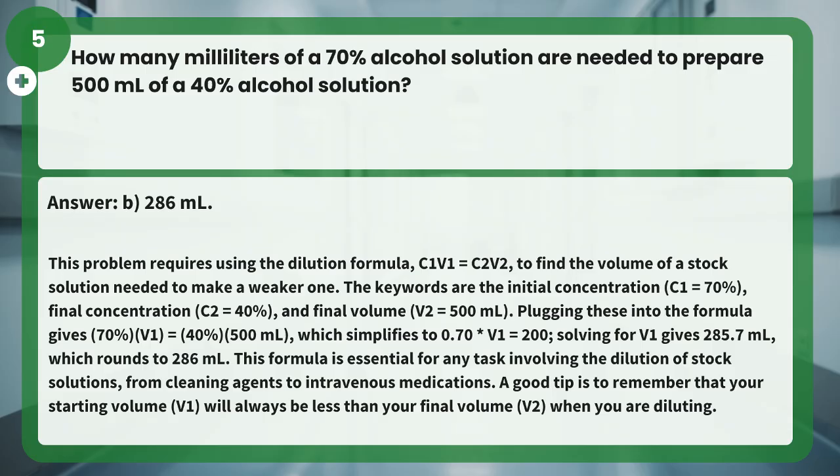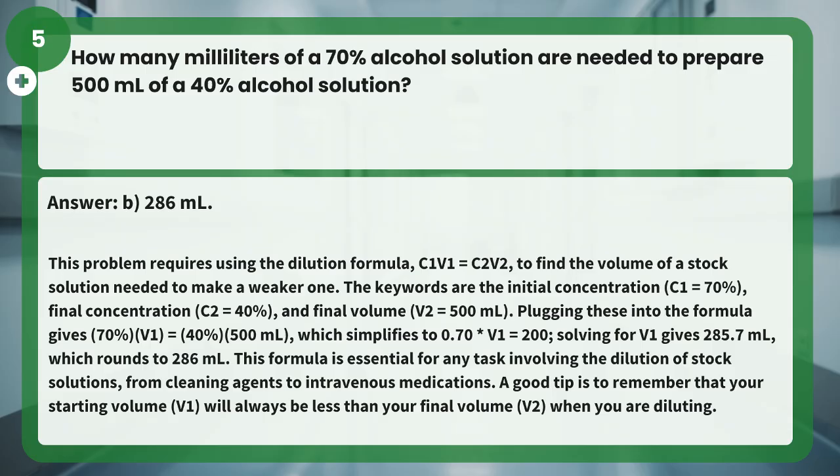Plugging these into the formula gives 70% * V1 equals 40% * 500 milliliters, which simplifies to 0.70 * V1 equals 200. Solving for V1 gives 285.7 milliliters, which rounds to 286 milliliters.